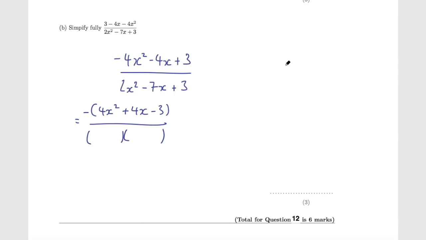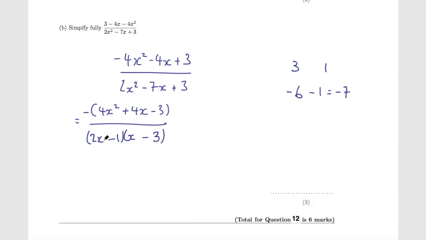Well, the only factors of 3 are 3 and 1. And if I multiply 3 by 2, that would be 6. And if it's minus 6 minus 1, that would be minus 7. Okay, so my terms here could be 2x and x. And my last numbers, now the 3 needs to match up with the 2x, so the 3 needs to go at the end of this bracket. And they're both negatives.